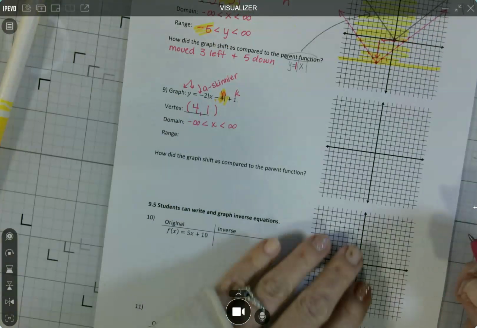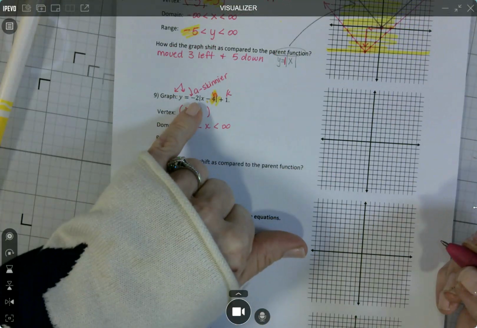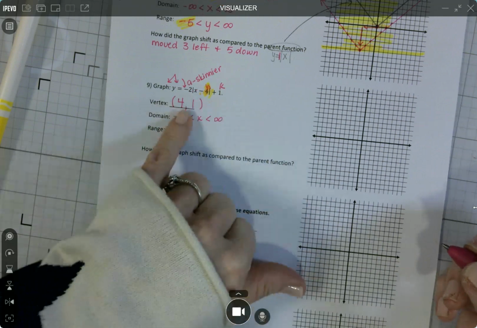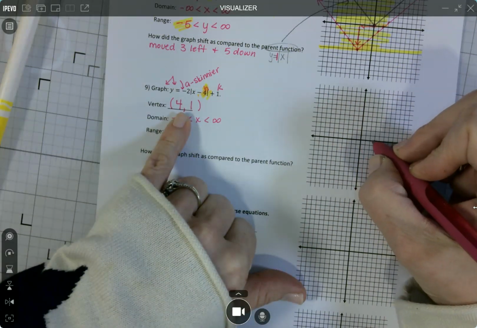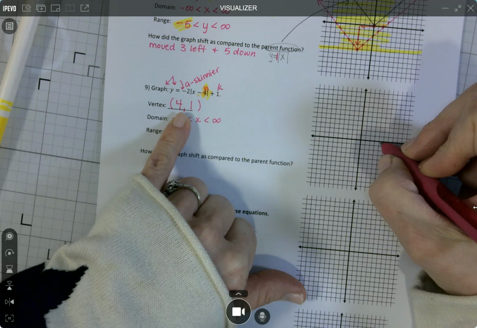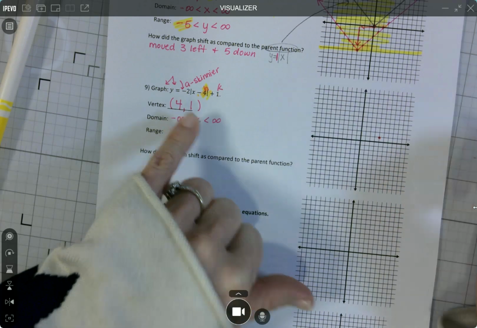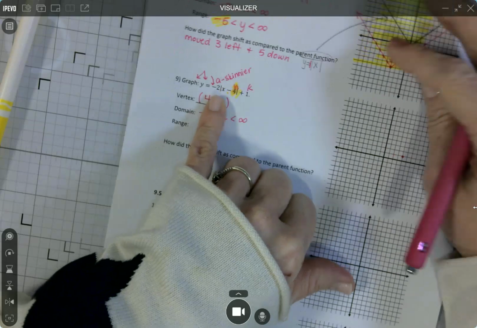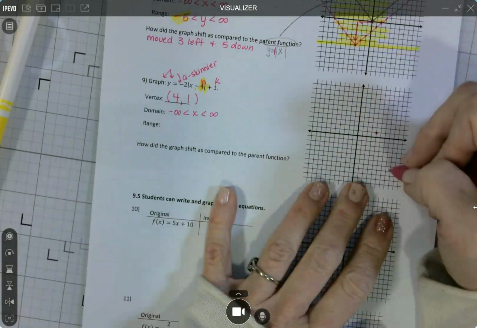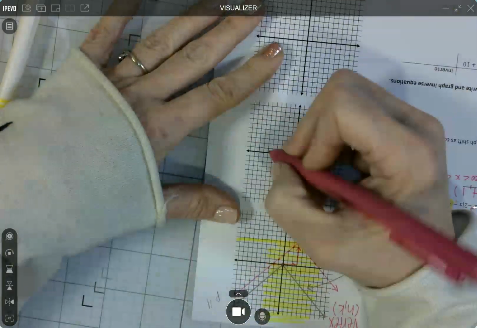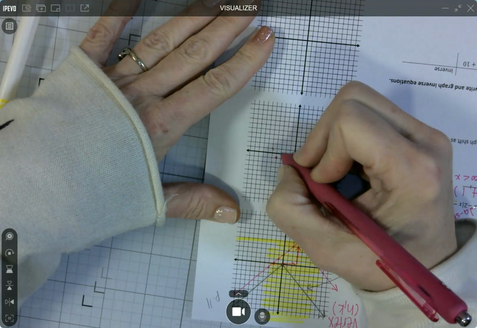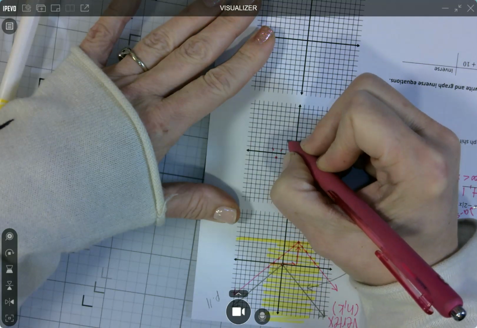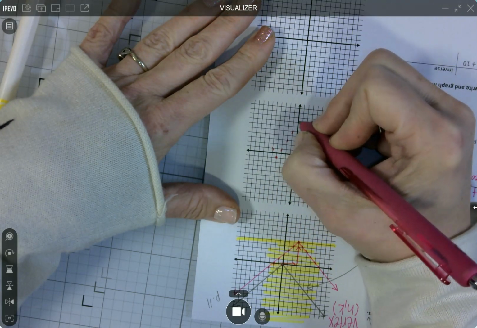All right. So this right here, first of all, I'm going to go over here. 1, 2, 3, 4, and then up 1. Okay. And then, see that? All right. First of all, it's going down. I'm going to turn my graph around. I know that's weird. But up 2 over 1, up 2 over 1, up 2 over 1.